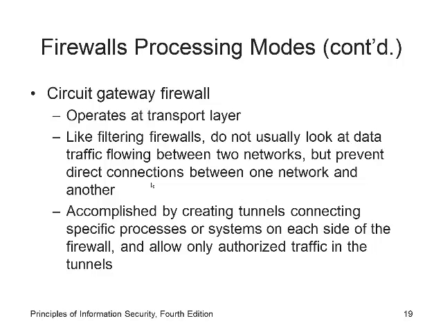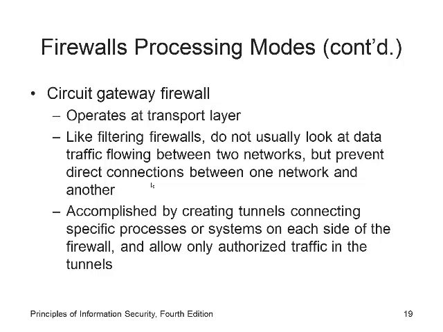Okay, circuit gateway firewall. It says it operates at the transport layer. It says like filtering, it does not usually look at data traffic, but it does prevent direct connection. So what that's talking about, we have two different networks we're connecting with a circuit gateway firewall. We let a tunnel of data through there, but we don't let anything else through there. Like the third bullet, accomplished by creating tunnels connecting specific processes or systems on either end of the firewall and allow only authorized traffic in the tunnels.